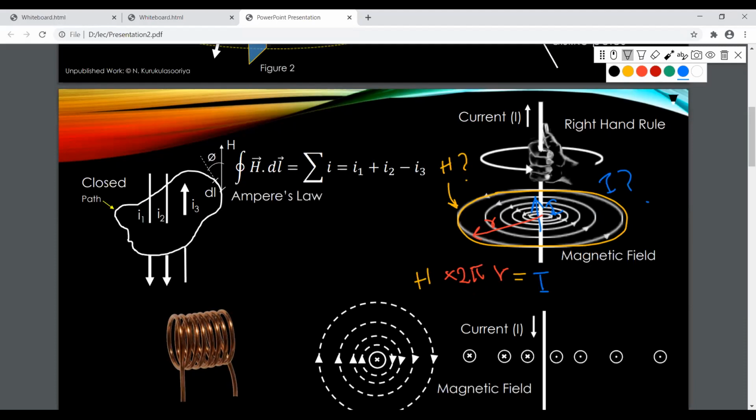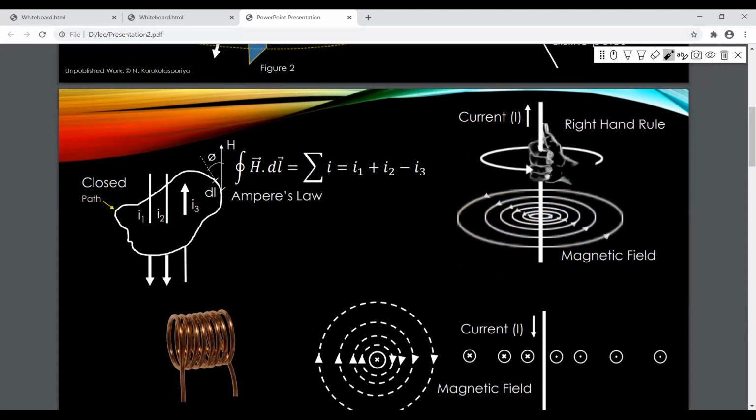That's why we are using sigma there, sigma I.